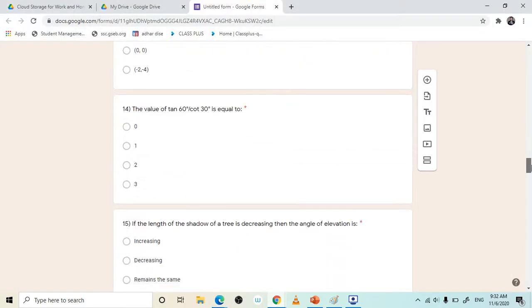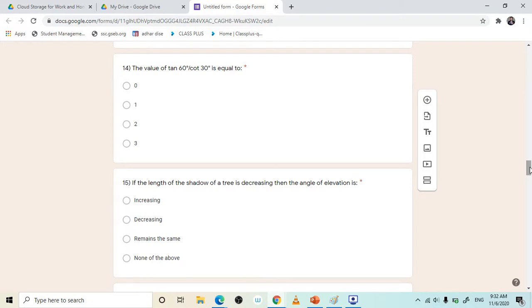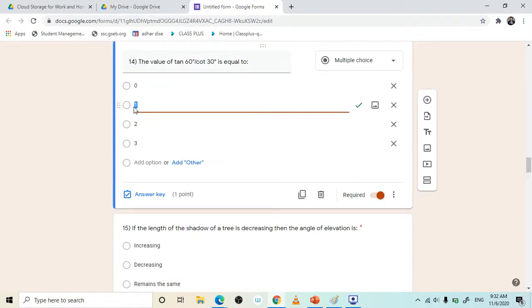14th question: value of tan 60 and cot 30. Here you have to put the values from the table and simplify. Which was the answer? Right now I don't remember. See here, B is the answer.